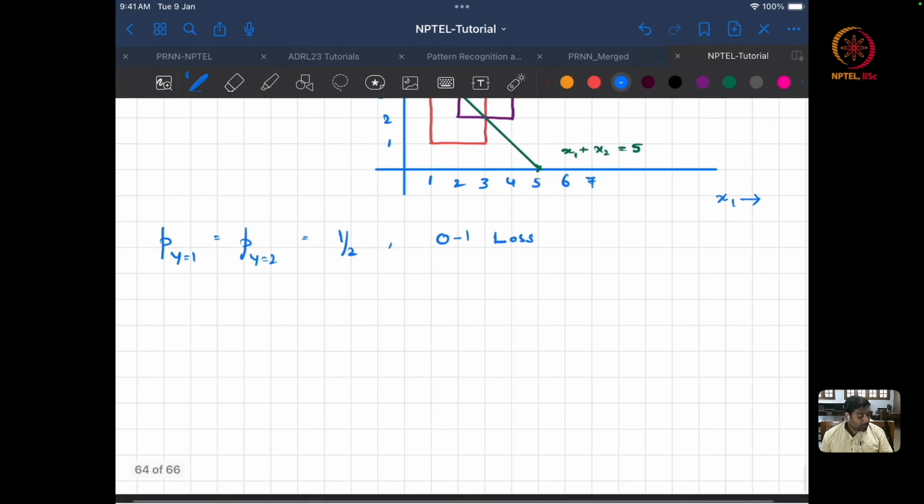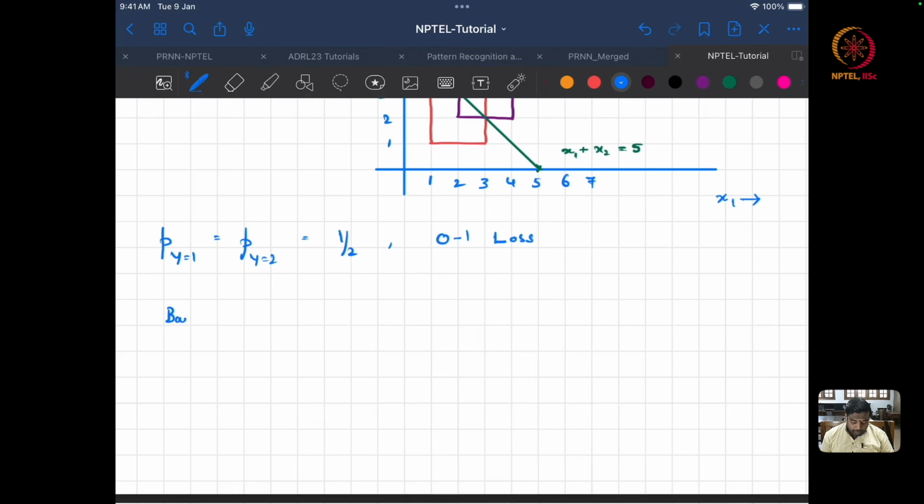Okay, so now we know that. Whenever you have a Bayes classifier with 0-1 loss, it will boil down to comparing the posteriors. Whichever posterior is higher, you will put the example into that particular class.